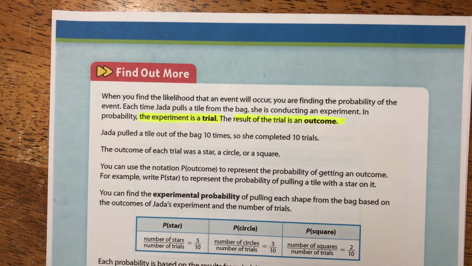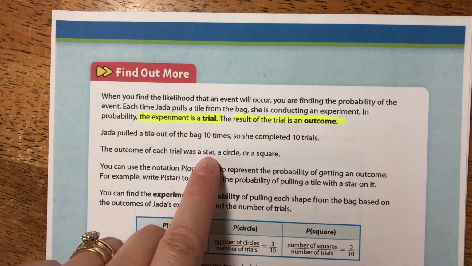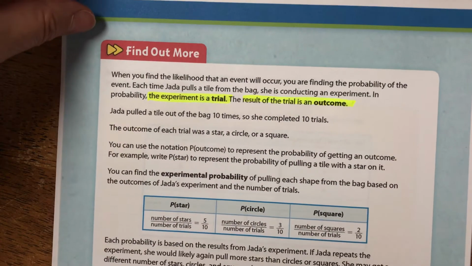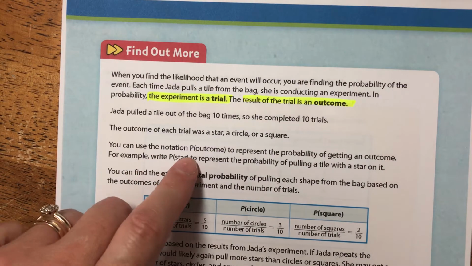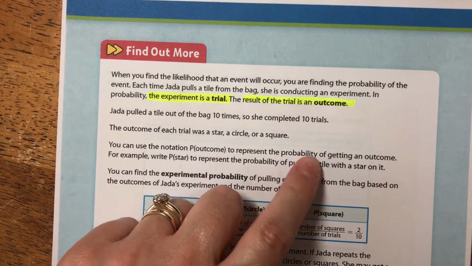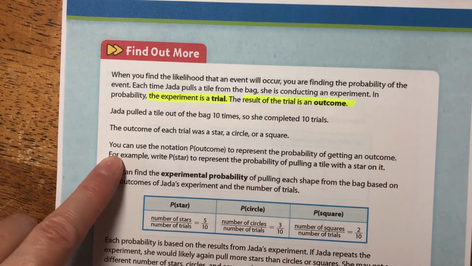So you're going to do it, and then you're going to get an outcome. Okay? Jada pulled a tile out of the bag 10 times. She completed 10 trials. The outcome of each trial was either a star, a circle, or a square. So 10 trials, what were the outcomes? These were the 3 possible outcomes. You can also use the notation P(outcome) to represent the probability of getting an outcome.